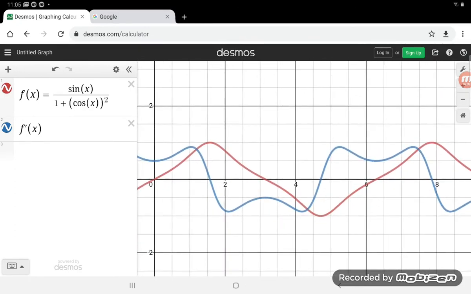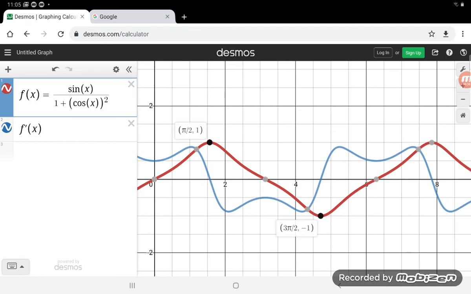Okay, so here the red is our function, and man, that's wiggly. But notice, yep, we have a relative max there at pi over 2, and we have a relative min there at 3 pi over 2. Great. And it was decreasing in between and increasing at the two ends.